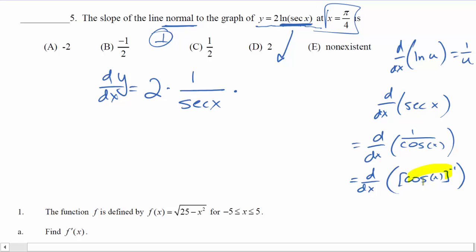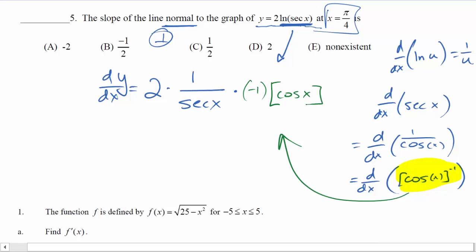So the question is, right now, what is the derivative of cosine of x to the negative first power? Well, I'll do this in green so you can see what this is becoming. It's going to go right here. The negative 1, that's the exponent, comes in front. Keep cosine of x the same.